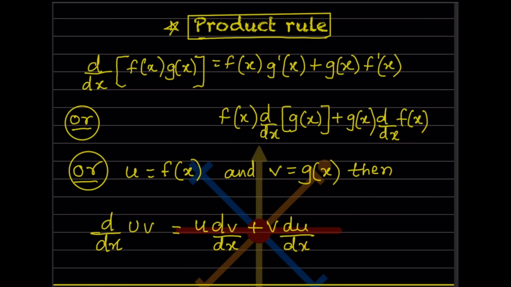So this will be first and this will be second. So u first into derivative of second plus second into derivative of first. You can also say this way. Anyways, just remember after this you can write one of them.